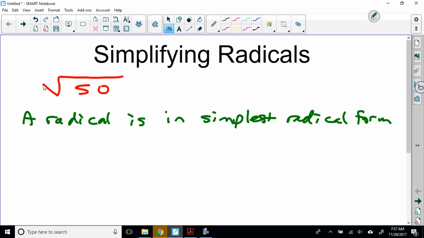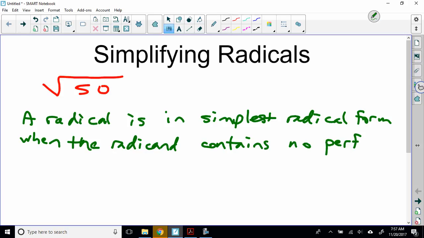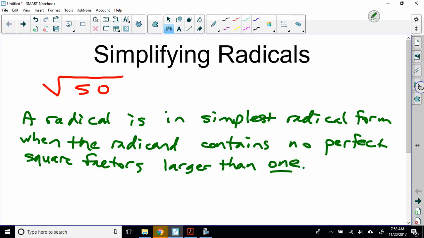A radical is in simplest radical form when the radicand contains no perfect square factors larger than 1. Take a minute, break that down, we'll unpack that. A radical is in simplest radical form when the radicand contains no perfect square factors larger than 1.